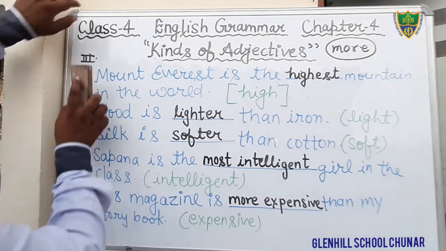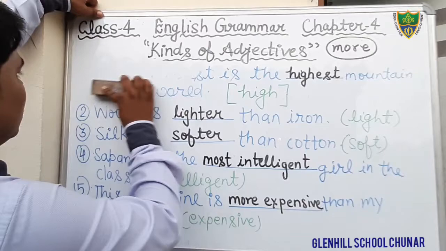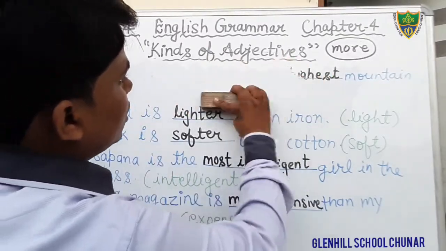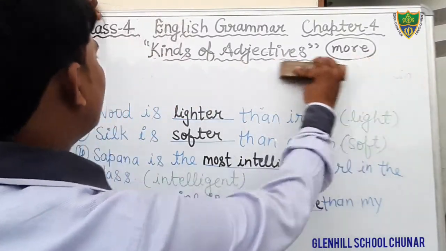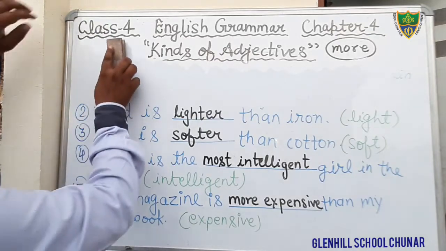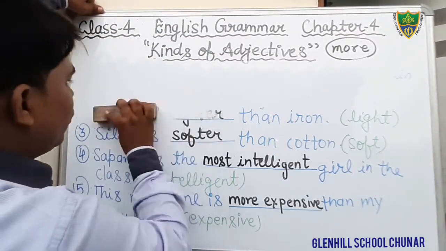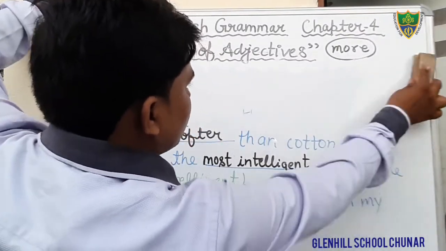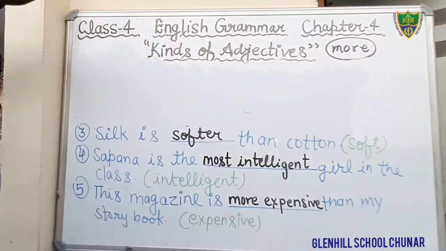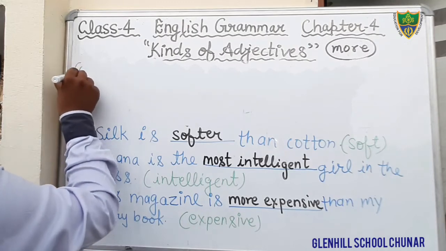And in the next question, the last question, just see. What is the last question? I am going to erase it also. Just see here. Last question, question number 6.